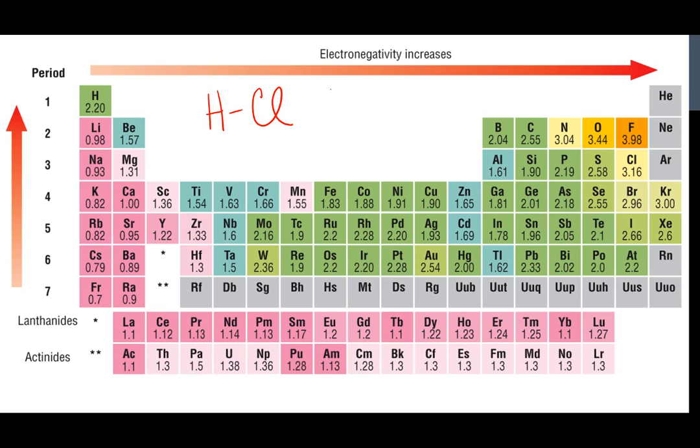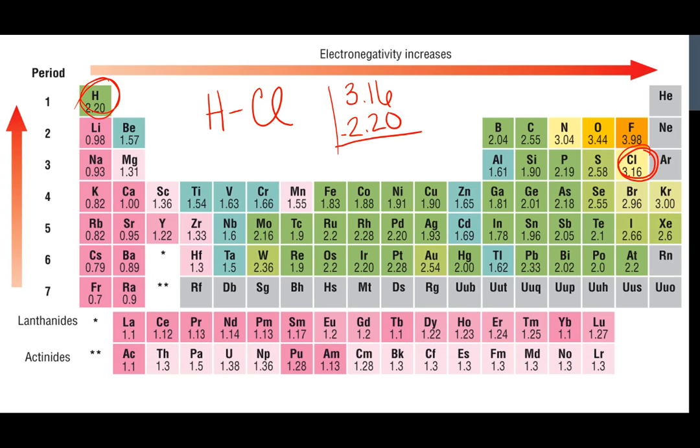So first things first, let's look at the electronegativities. Well, the electronegativity for chlorine is over here. That's going to be 3.16. Electronegativity for hydrogen is over here. That's going to be 2.20.